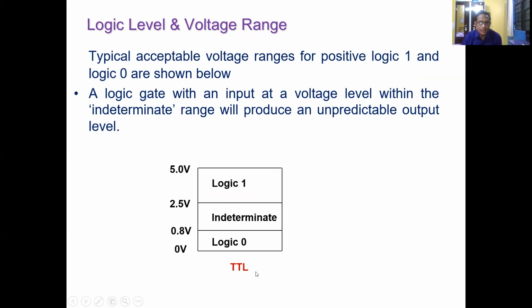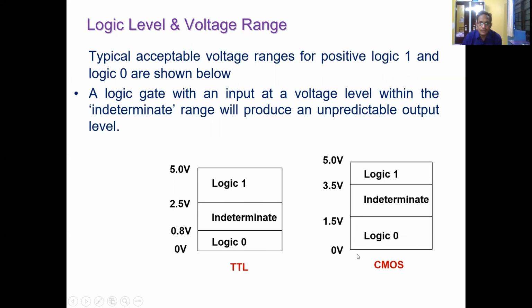Look here, this is for standard TTL. The operating voltage is 0 to 5. So this is logic 0, logic 1, and between them is the indeterminate, unpredictable or unacceptable output, 0.8 to 0.4. This is for CMOS. Again, if I consider standard CMOS, 0 to 5, this is logic 1. These are the different values.